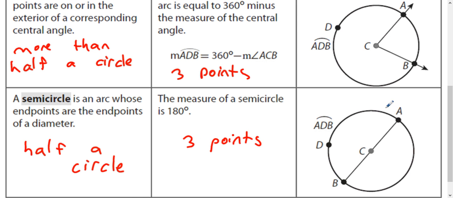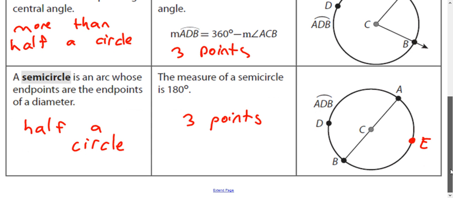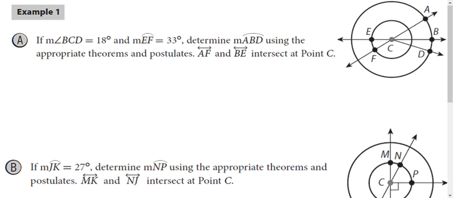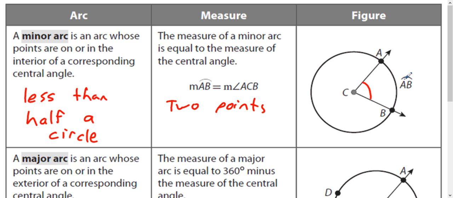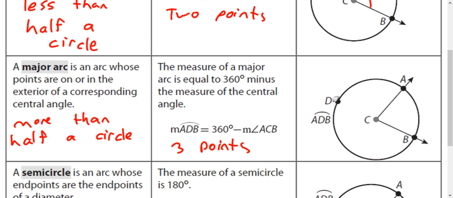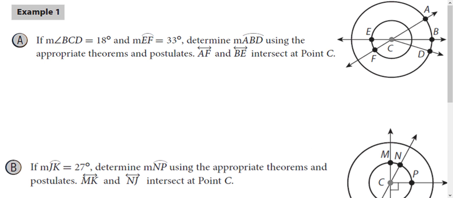Because you can go from A to B around the left, counterclockwise through D. If there's a point over here, you can go clockwise from A to B, and that would be a different semicircle. I kind of skipped over it, but you just put the little arc symbol above the 2 letters to name the arc, or above the 3 letters if it's a major arc.